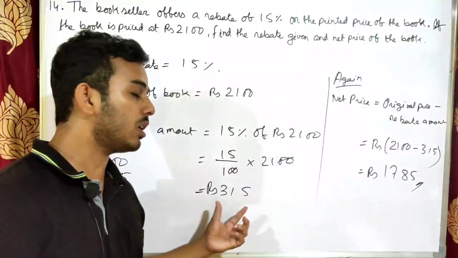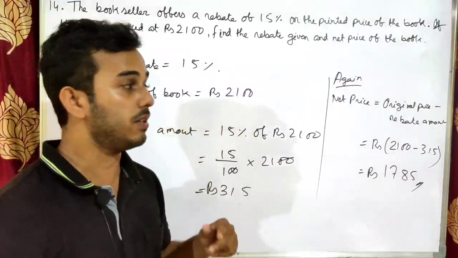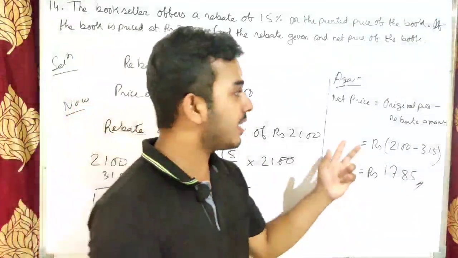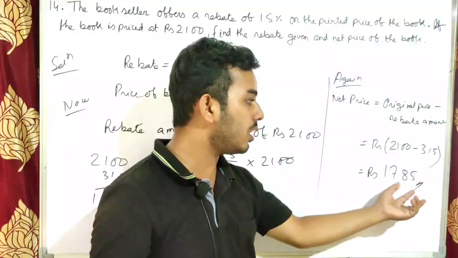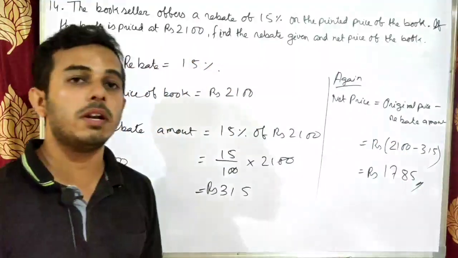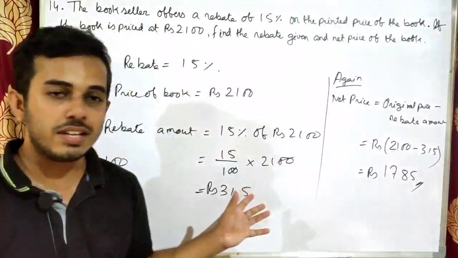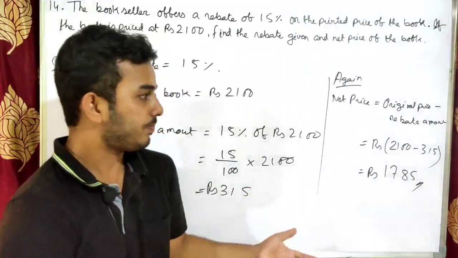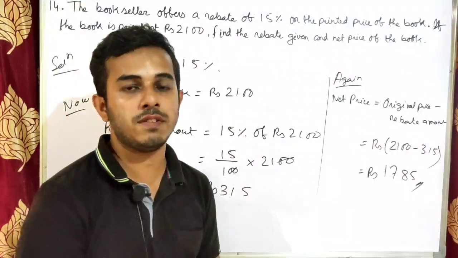This is the amount the shopkeeper will deduct from the printed price. Then the net price will be the original price minus the rebate amount. I subtracted and got the result 1785. So this is the net price of the book. This is an easy one, isn't it? Okay, so now let's move to the next question, that is question number 15.